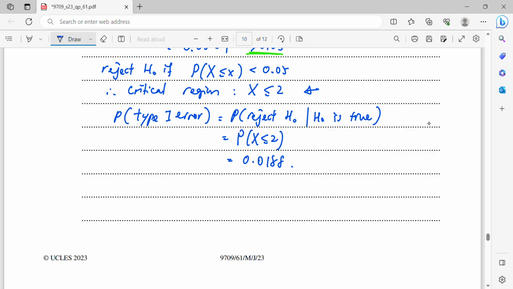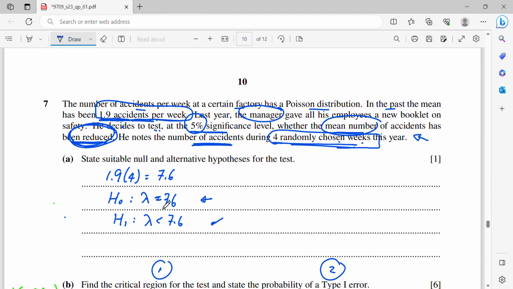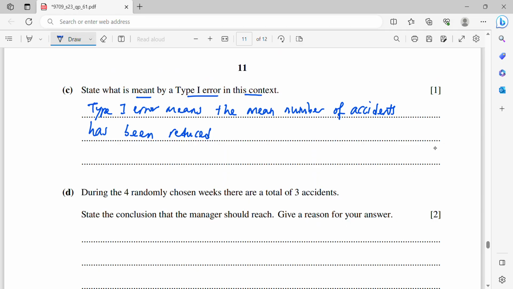Slash means given that H naught is true. Your H naught being true means that supposedly your lambda equals 7.6. Then you cannot stop here. You have to write, although it has not, so given that the lambda remains the same. So that's the meaning of a type 1 error in this context.